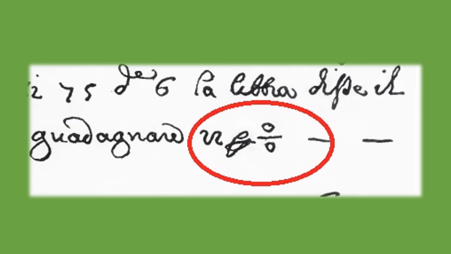So that's how they used to say percent in the later part of the 14th century. Altogether, the expression was like PC 100, so per cento 100. That was the expression in the 13th and 14th century when this symbol started to evolve.